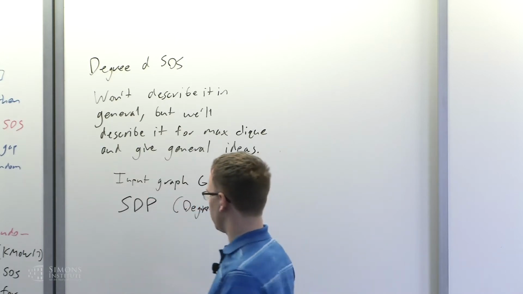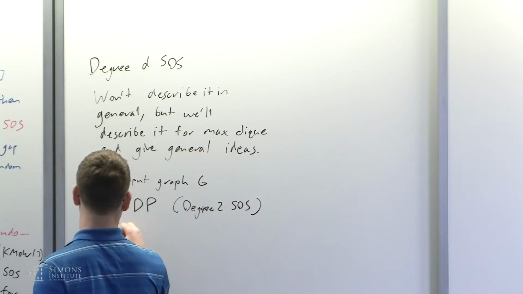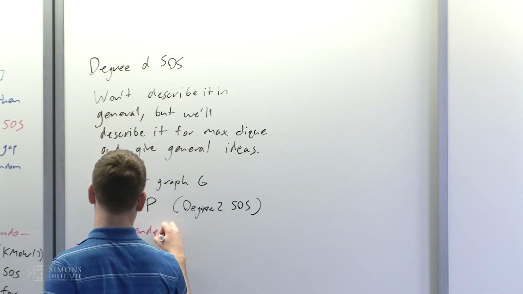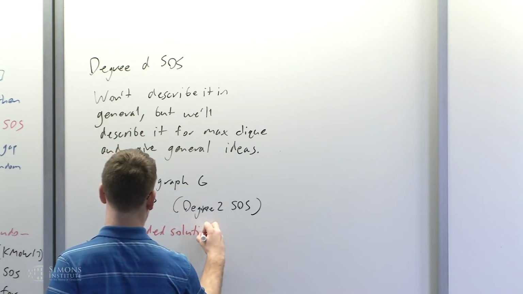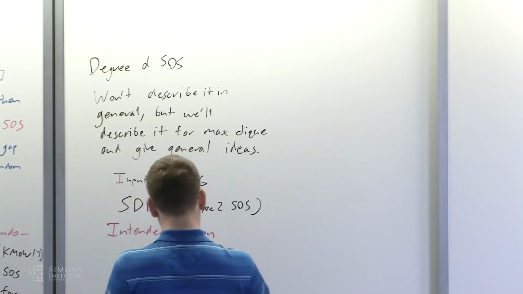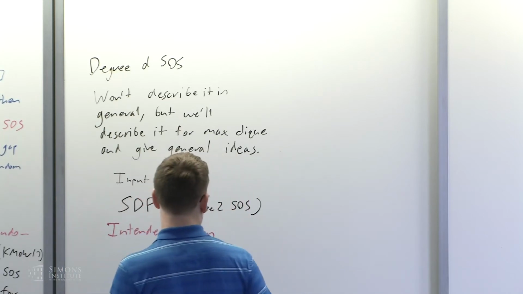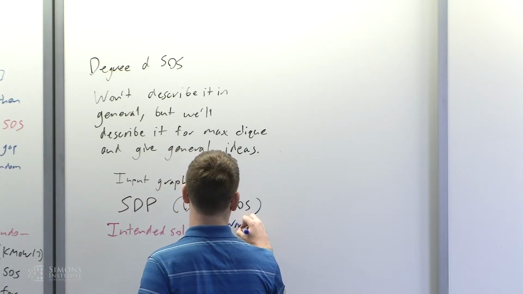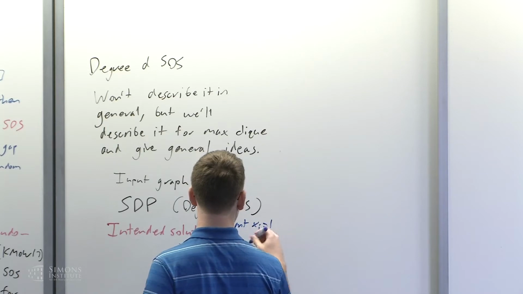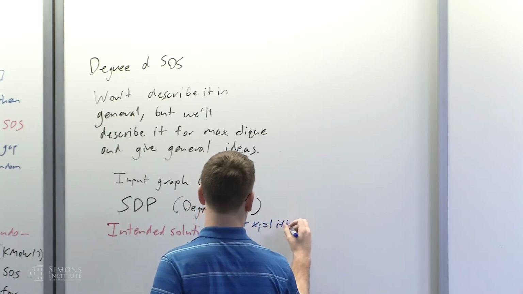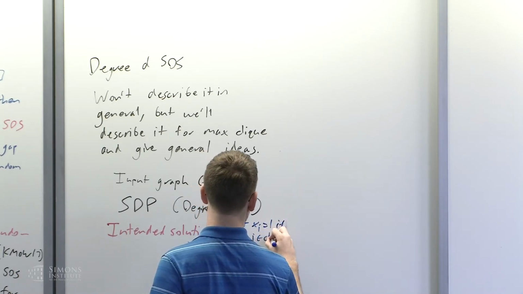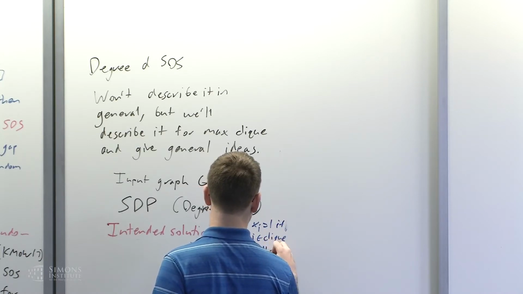So in the intended solution, we'll want xi equals 1 if i is in the clique and 0 otherwise.